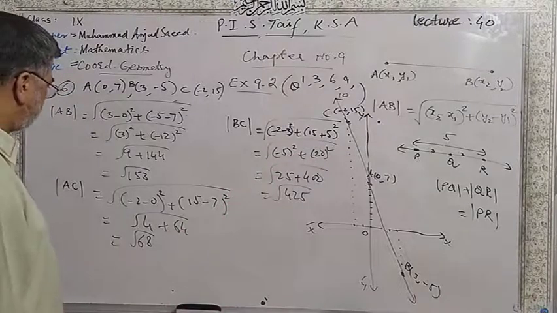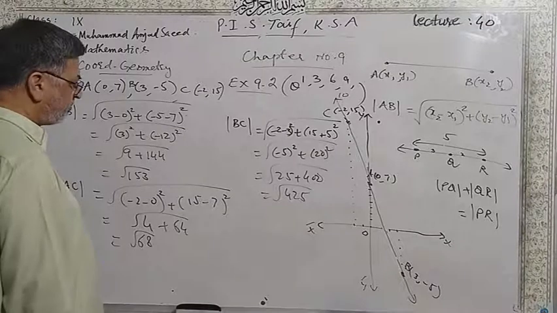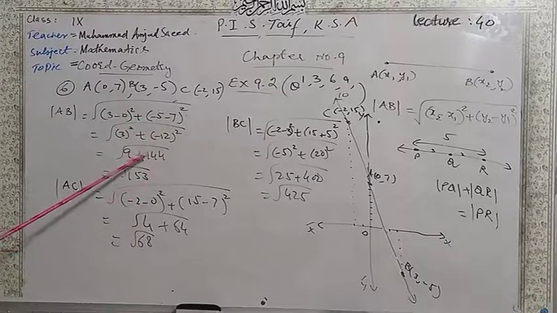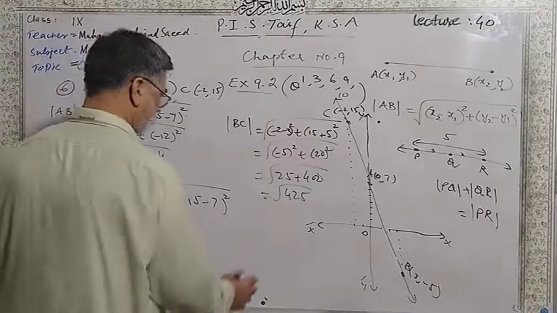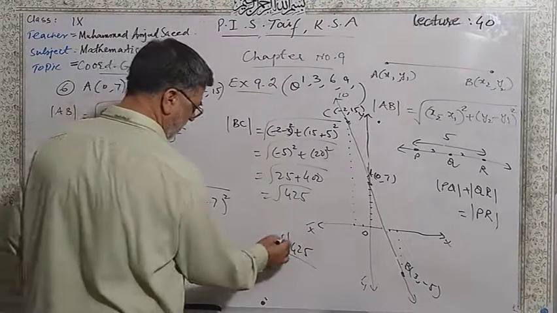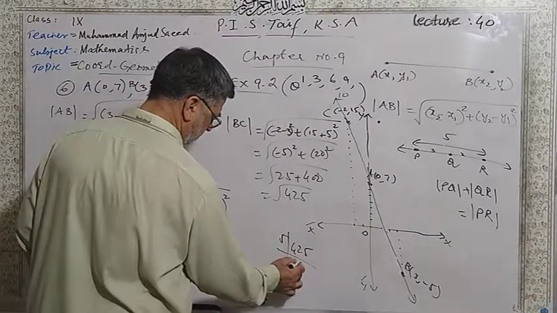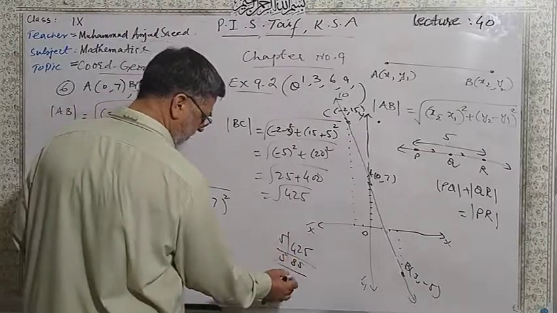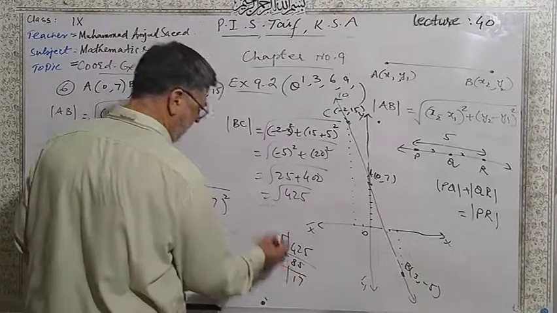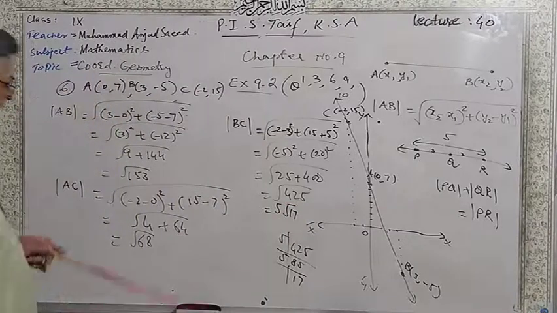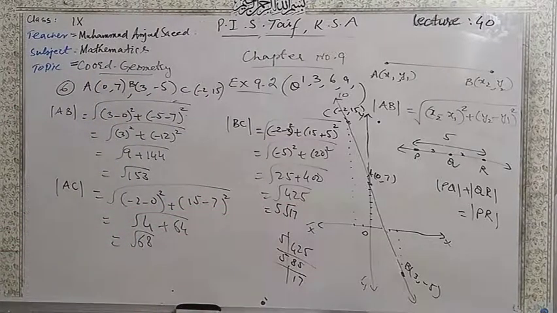Now simplify: 425 is 5 times 85, and 85 is 5 times 17. So it will be 5 into root 17.